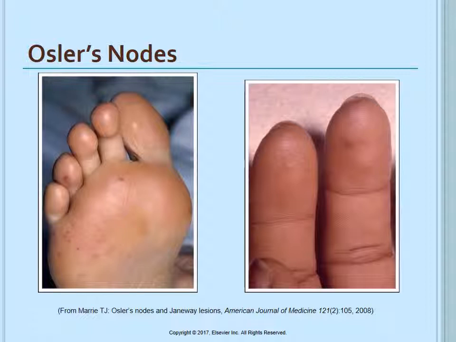So the figure on the left here is Osler's node on the toe pad of the fourth toe. You can also see on the slide the multiple petechiae on the foot. On the right, it's Osler's node on the anterior surface of the distal finger. The purplish area was tender to palpation.